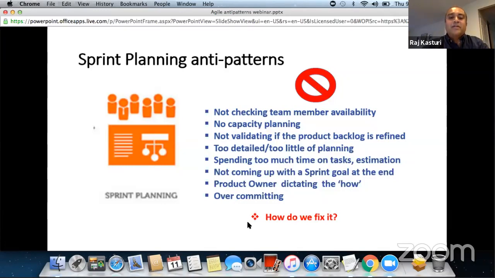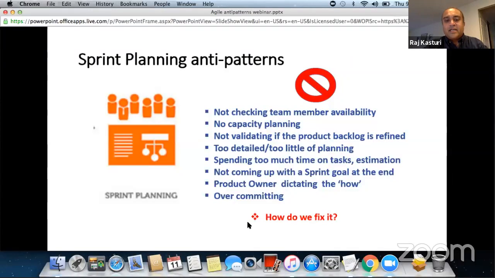So the Scrum Master needs to ensure that checking availability is done. If you don't check the availability, the problem is that you feel there's a lot more capacity from a team's point of view. Because even if someone's time is not accounted for, it feels like you may have a lot more time, and then you're setting up the team for failure. So you want to make sure you check that.